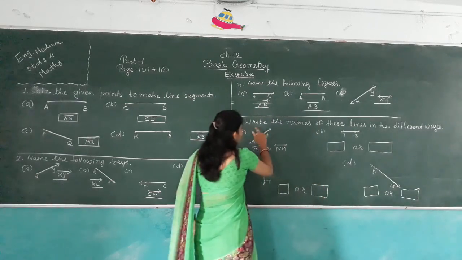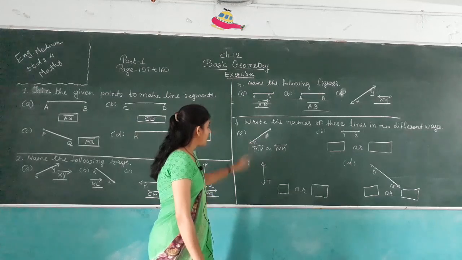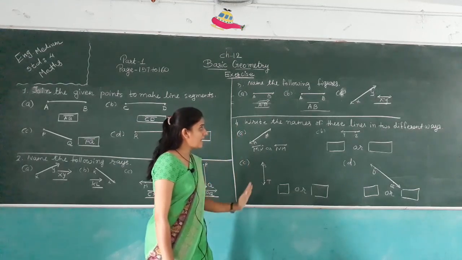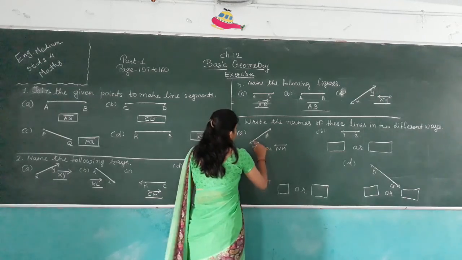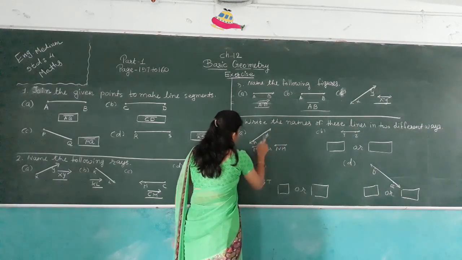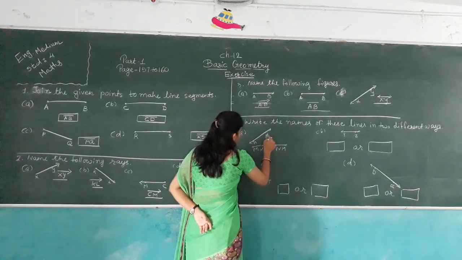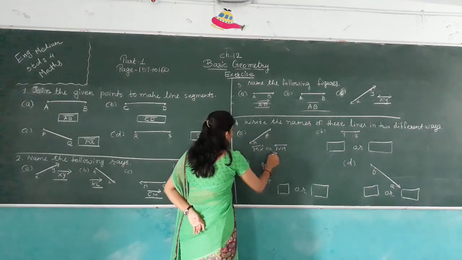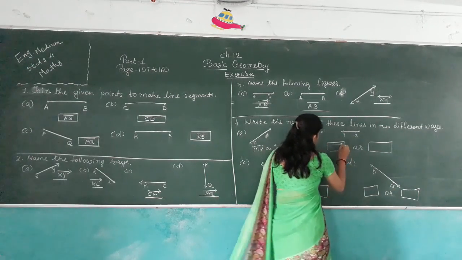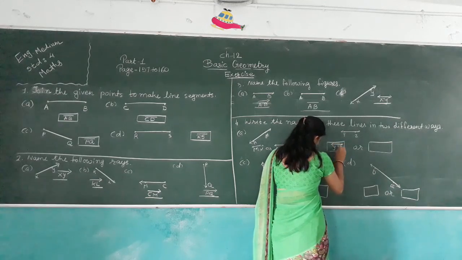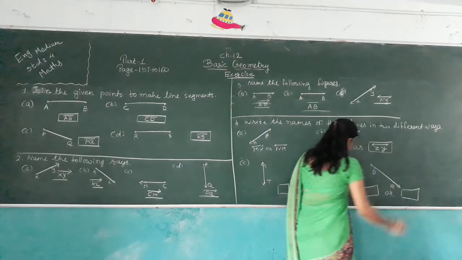Now write the names of these lines in two different ways. One example is written here: line MN. The first time you write line MN and the second time NM. Here Y and Z: first we write line YZ and another one is ZY.